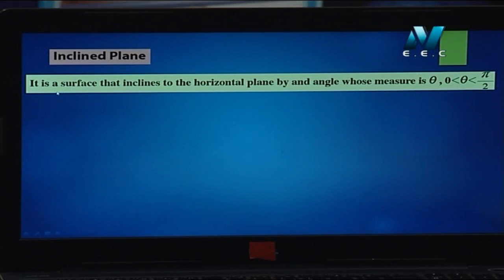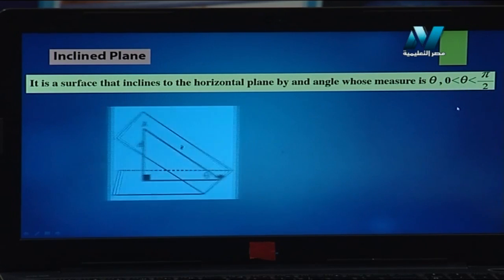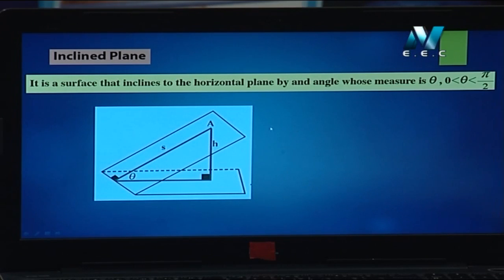It is a surface that inclines to the horizontal plane by an angle whose measure equals theta, but theta must be greater than 0 and smaller than pi over 2, that is between 0 and 90 degrees, not more. Look carefully. It is a bridge or a plane that inclines by theta on the horizontal.